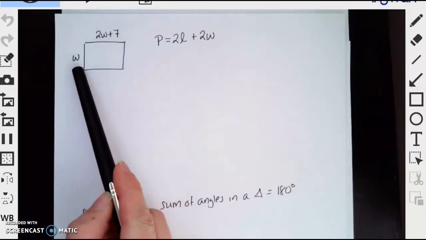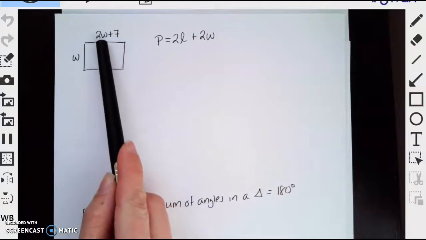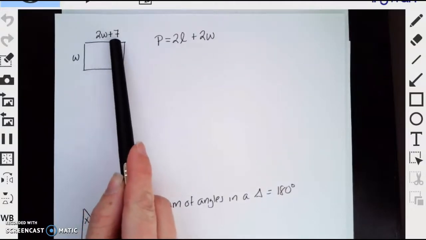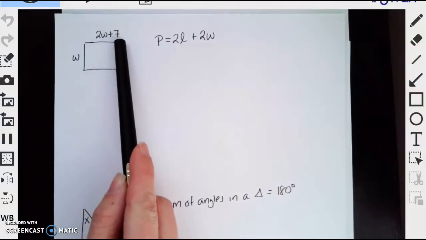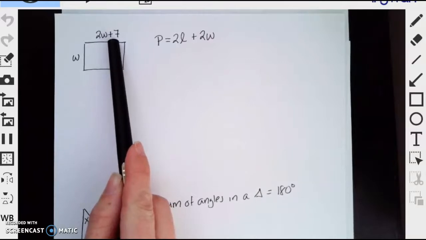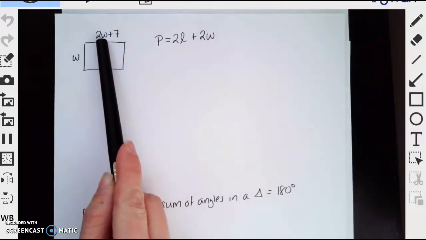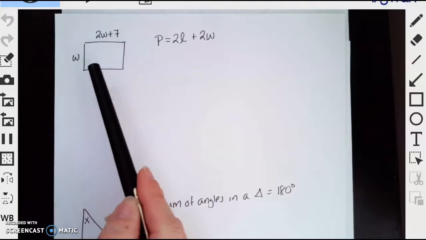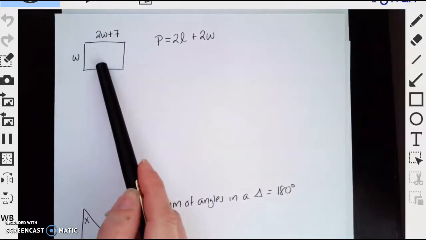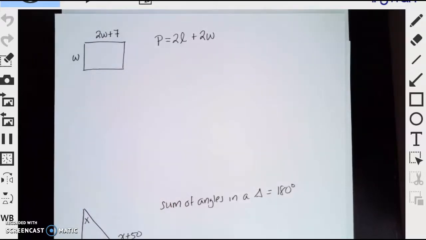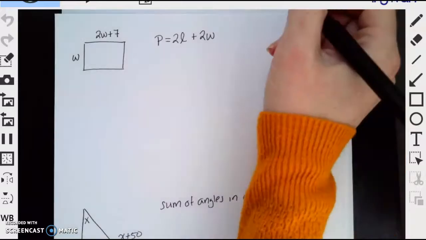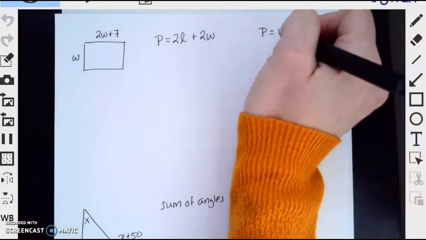So not knowing what the width is at all, I let the width be W, and then translated the length into an expression 2W plus 7. And again, that's because we were told that it was 7 more than, so plus 7, twice the width. Twice means times 2. We were told that the perimeter of this rectangle is 110 inches. I'll write that also off to the side.